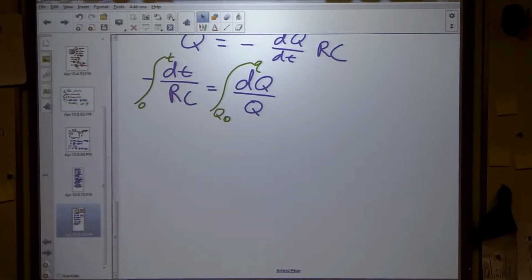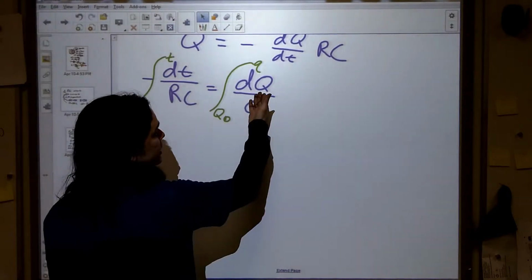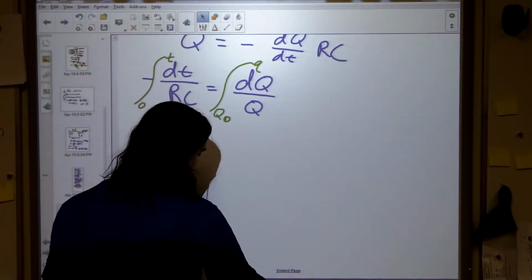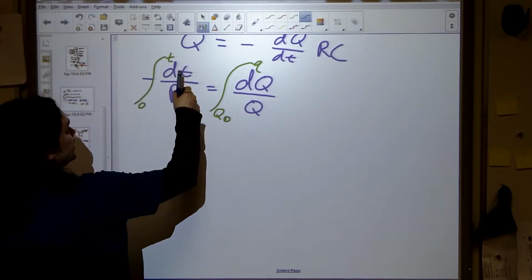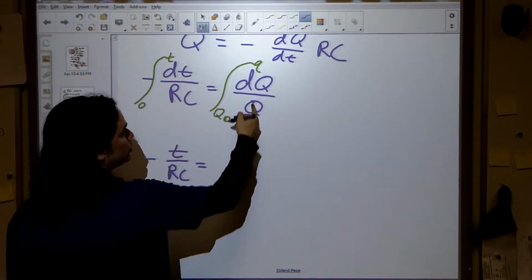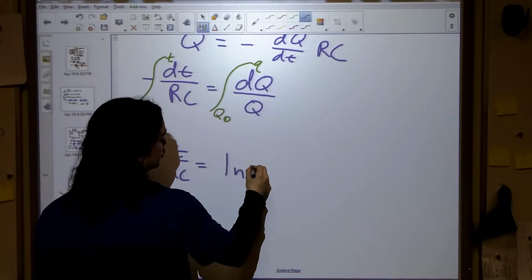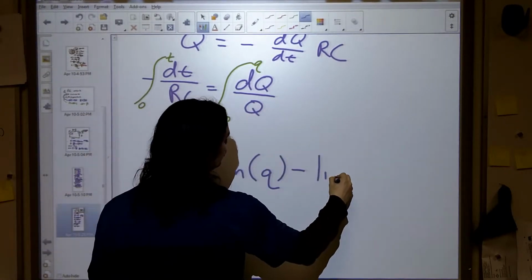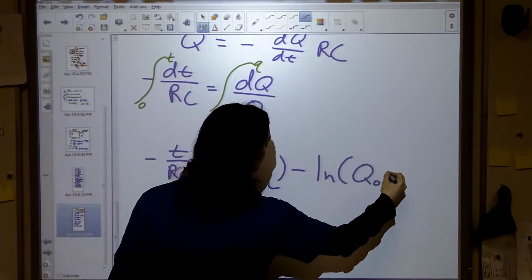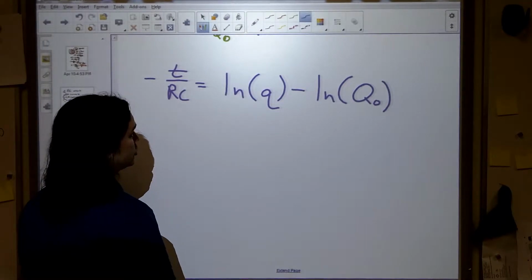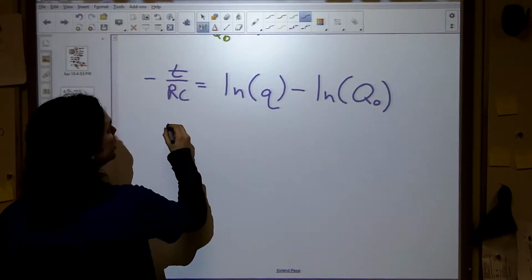All right, so here we go. On this one, this is nice because I just have Q down here. I don't need to do U substitution. I integrate this side and I get negative t over RC equals, well, this is going to be the natural log of little q minus the natural log of Q naught, the initial charge on the capacitor, which happens to be the total charge, at least for this circuit.